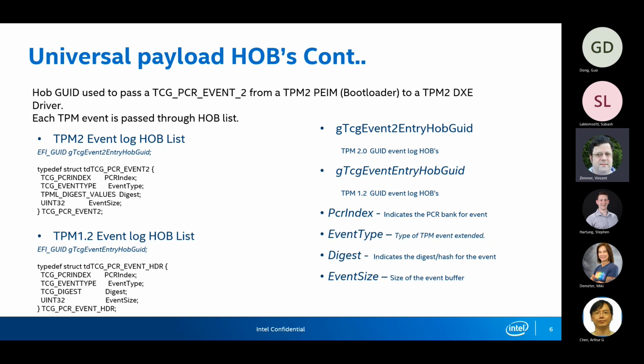Gotcha. Especially for each TPM device, it might have multiple events, right? Yes, as my understanding, if we have multiple events, they have to be in sequence. So the sequence should be the same as when you extend the hash to the TPM, right?